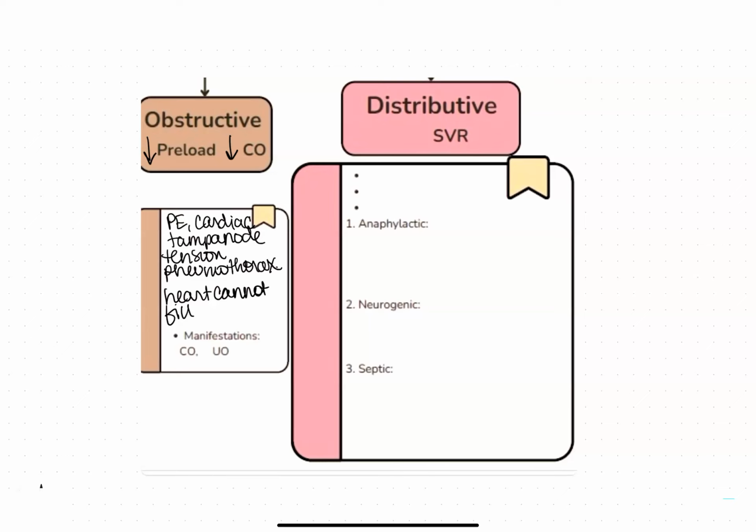Manifestations include decreased cardiac output, decreased urine output from not enough renal blood flow, and actually signs of right-sided heart failure. Because the heart cannot fill, blood actually starts to back up in the periphery.